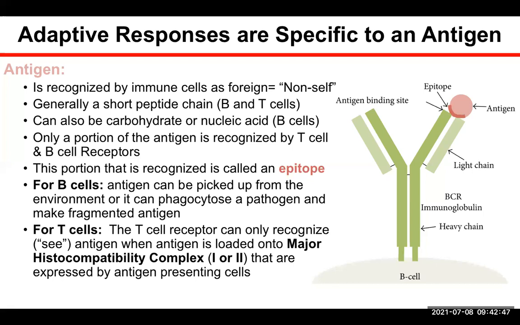So if it's a virus, it's a piece of the virus. If it's a bacteria, it's a piece of the bacteria. But the actual part that the receptor binds to, and see here I have a B cell receptor, the actual name is called an epitope. So the epitope is the part of the antigen that the B or T cell receptor is able to recognize from the antigen.